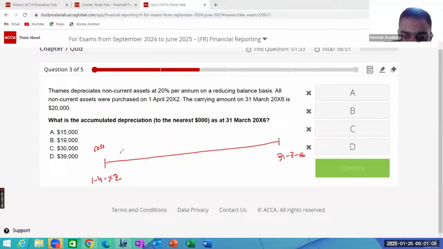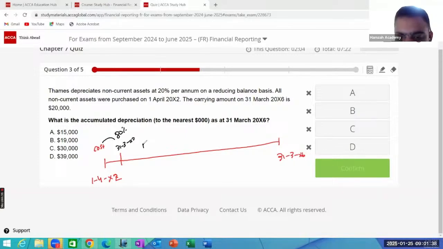But after the first year, which is 31st March X3, the carrying value would be 80% of the cost, not 90%. They are using reducing balance.